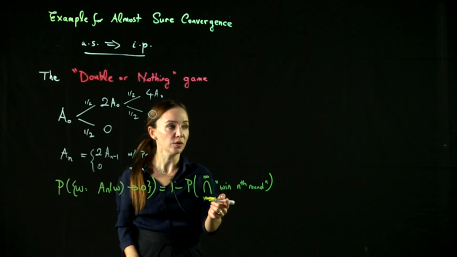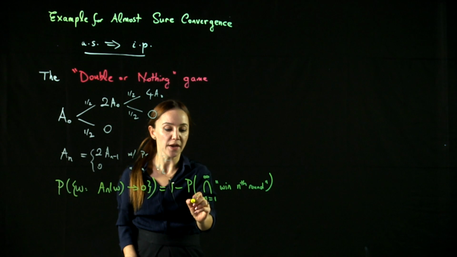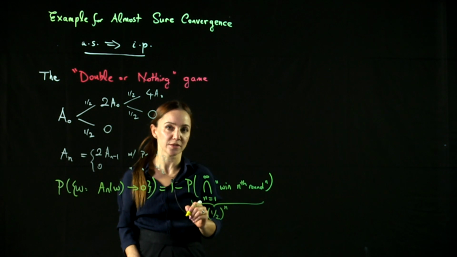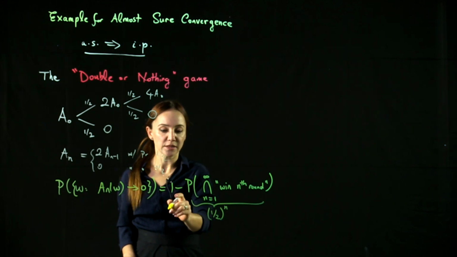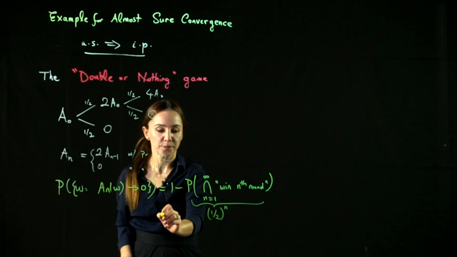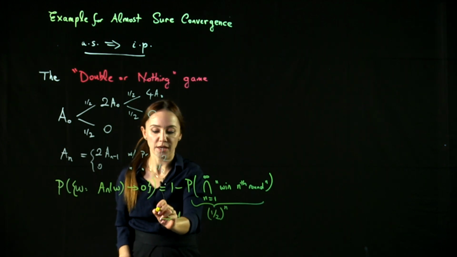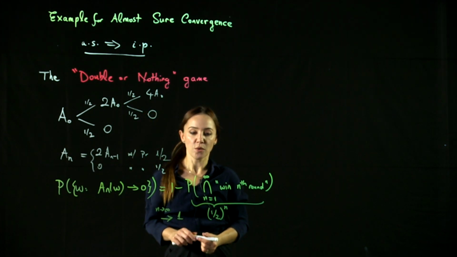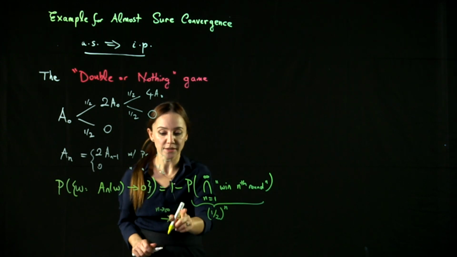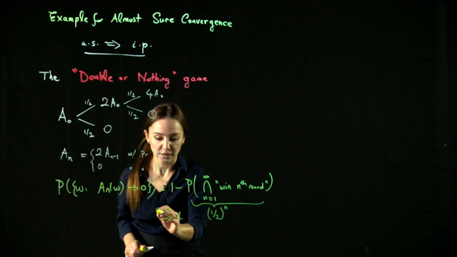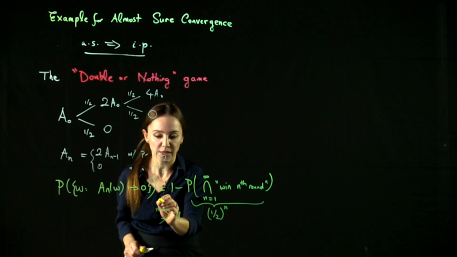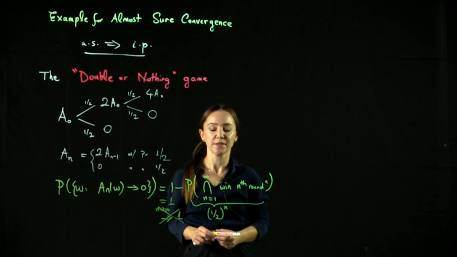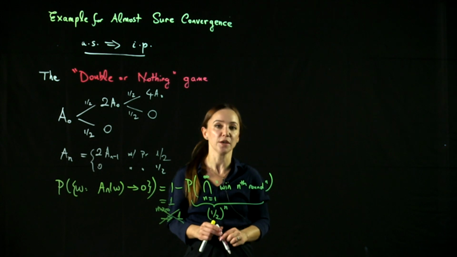Now the probability of this event is clearly 1/2 to the n by independence of each round. Hence, 1 minus 1/2 to the n goes to 1 as n goes to infinity. All right, so this actually is not a limit. Let me clarify this. This is basically equal to 1 because the limit is inside the probability. Okay, this is a probability 1 type convergence.